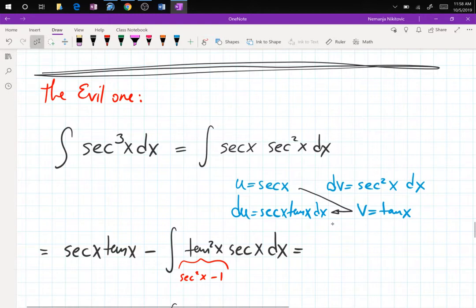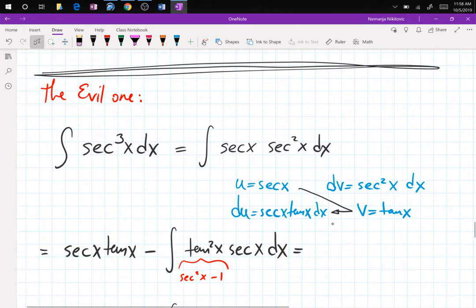What if I put secant to the fourth? Integral of secant to the fourth. This problem immediately becomes a joke, right? Because secant to the fourth is secant squared times secant squared. One of the secants goes into tangents, and done, right?